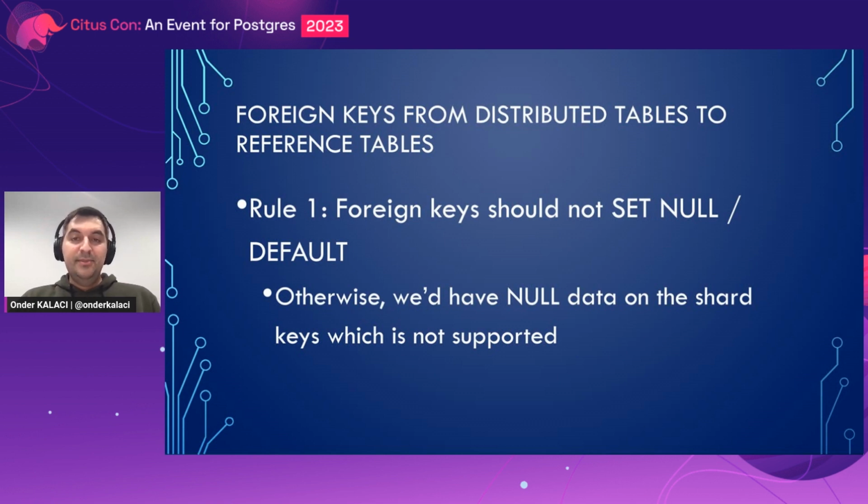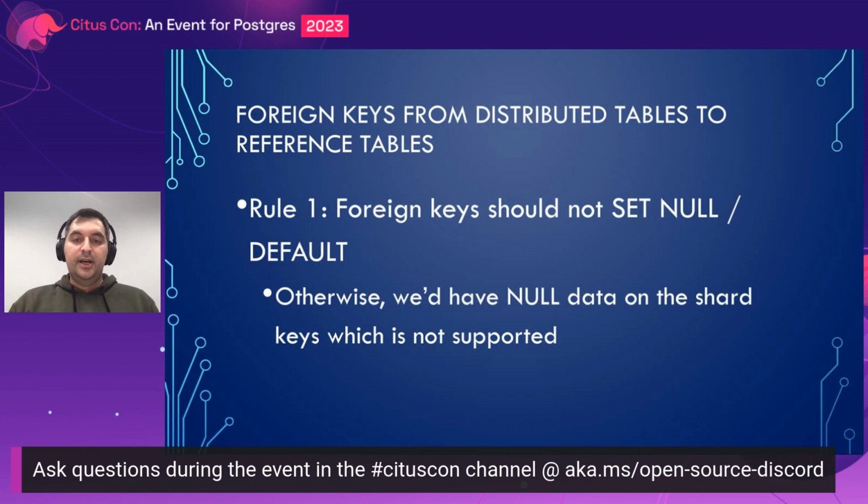And this is similar to the previous slide, where if we allow set null to cascade, then the distribution column value of a distributed table could become null, and that is currently not supported in Citus. So that's why we don't support creating foreign keys with set null in this case.